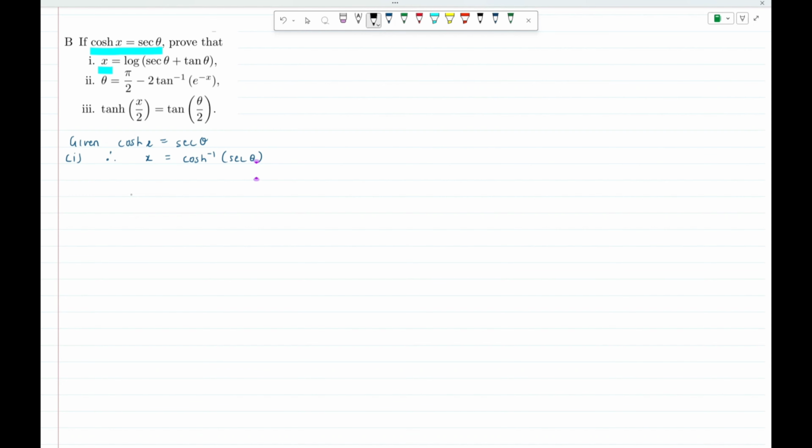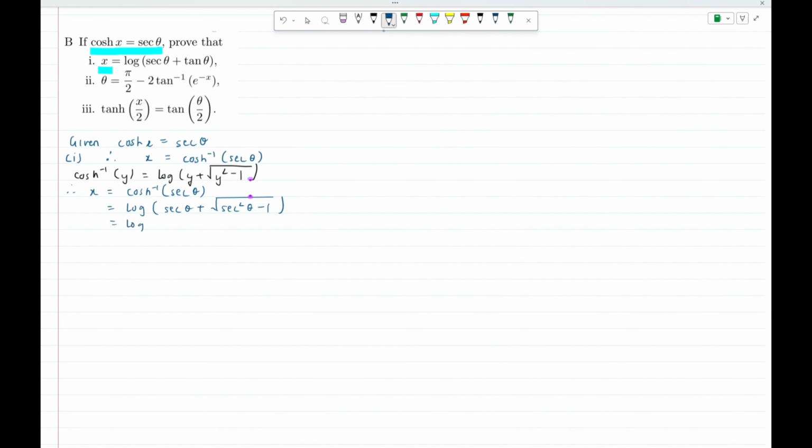Now we are aware that cosh inverse of y is evaluated as log of y plus square root of y square minus 1. So here you will see that y is replaced by secant of theta. So we can say that therefore x is equal to cosh inverse of sec theta, which becomes log of sec theta plus square root of sec square theta minus 1.